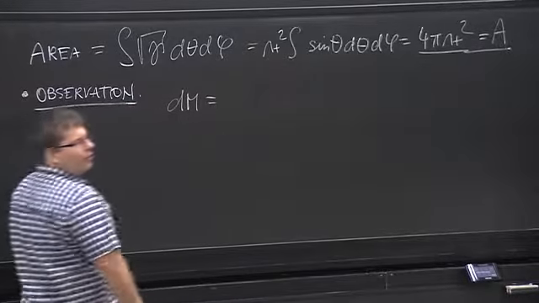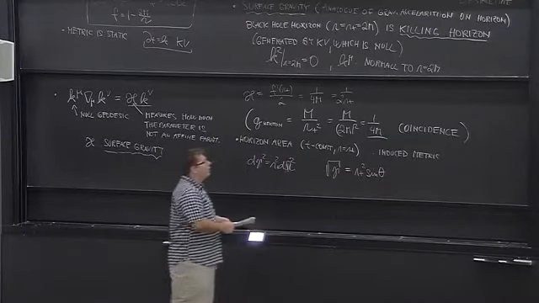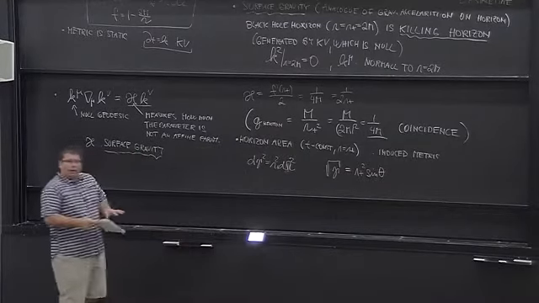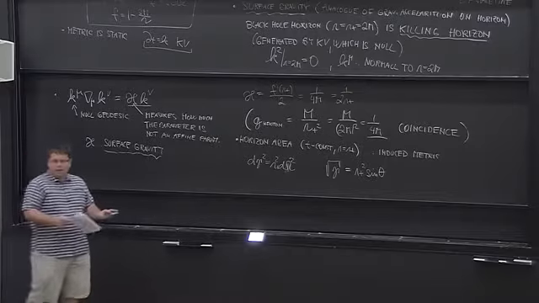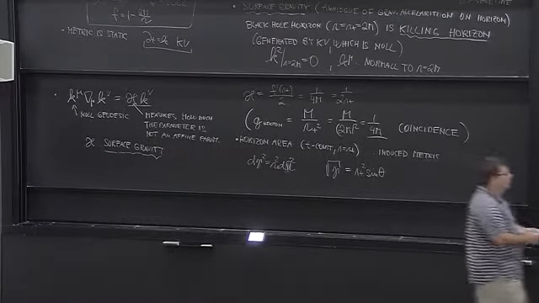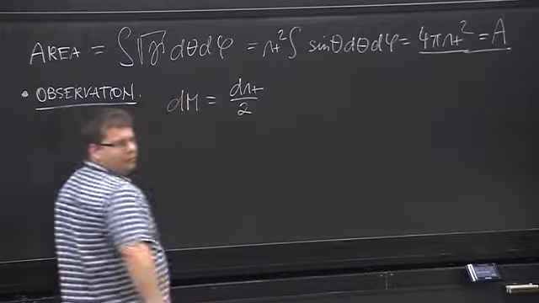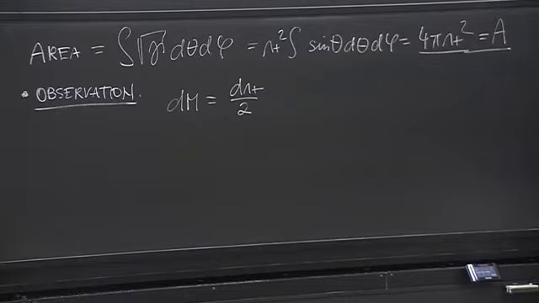You can just calculate what dM is. Of course, r plus is 2M, so M is r plus over 2. So this is dr plus over 2. Very good. That was simple.